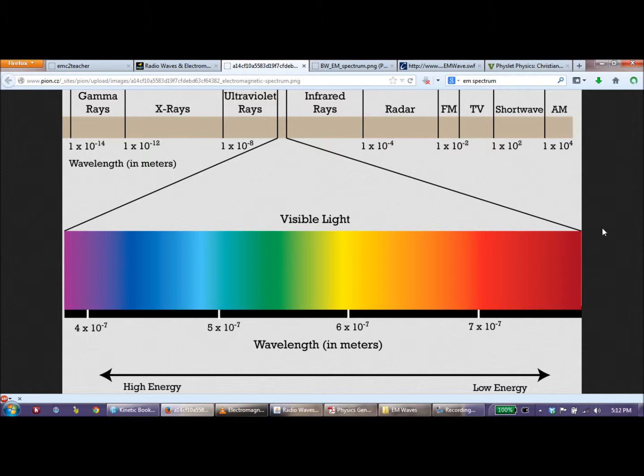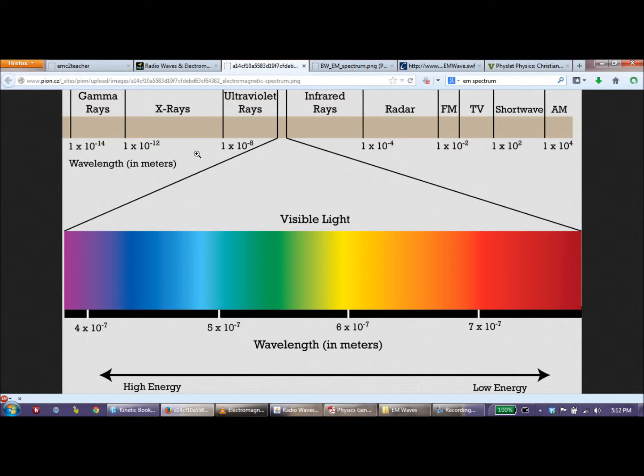The electromagnetic spectrum is a description of the names that we have given to different frequencies and wavelengths of these electromagnetic waves. A small portion of these, as you can see indicated here in the center, is what is known as visible light, and the only thing that makes those special is the cells in the back of our eyes react to this type of electromagnetic wave within these parameters.